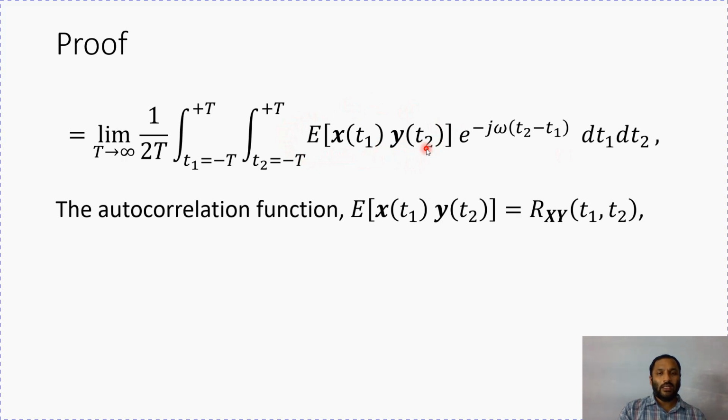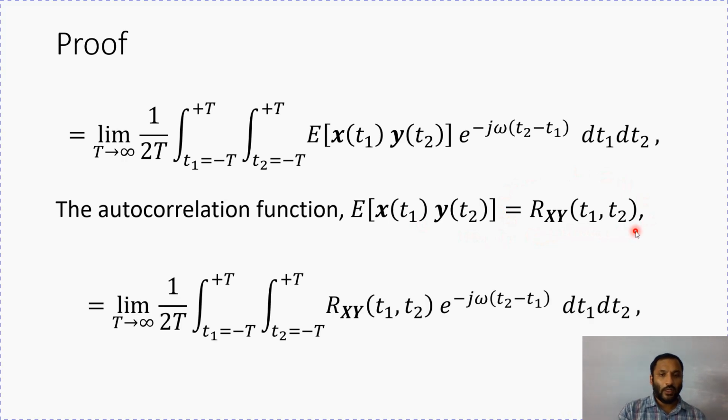Simply, it is given by the cross correlation function between the time points t1 and t2. Hence we have to write this as r xy of t1 comma t2. Got it? Let's move on.